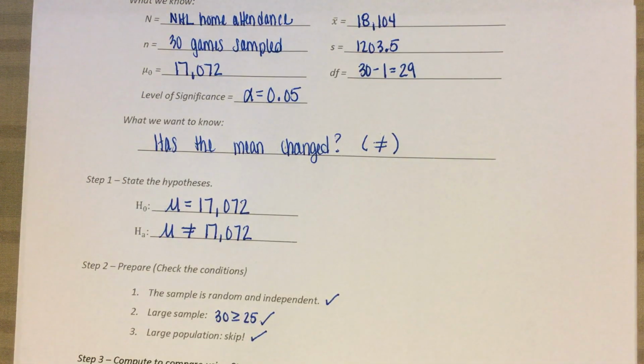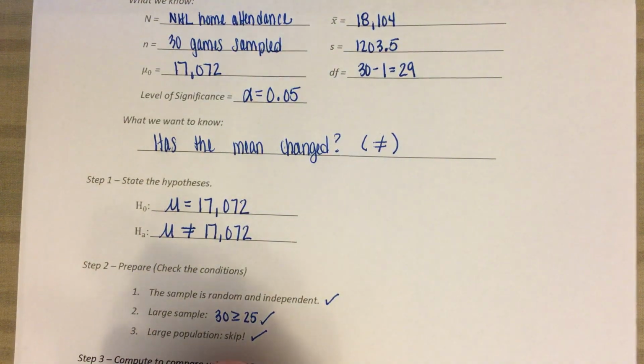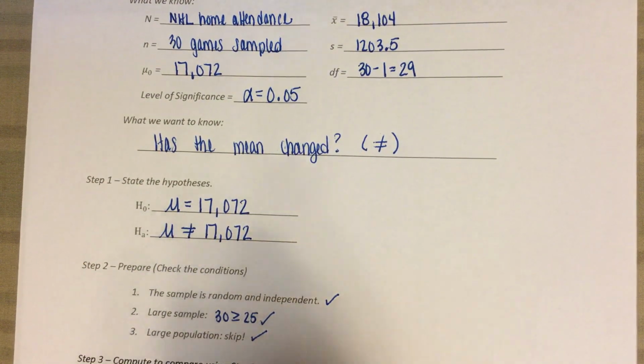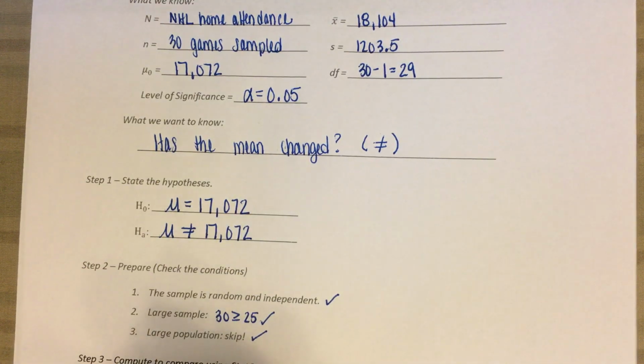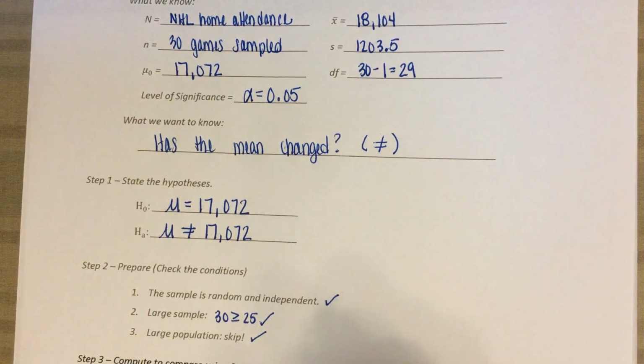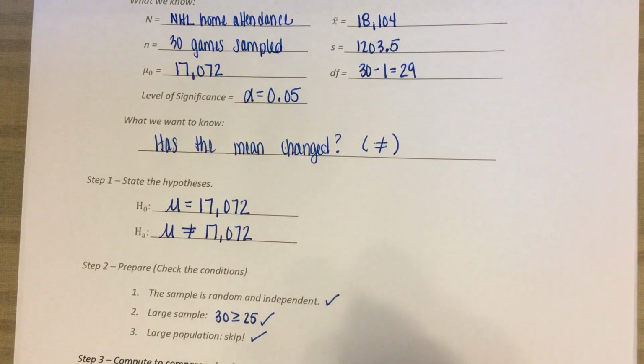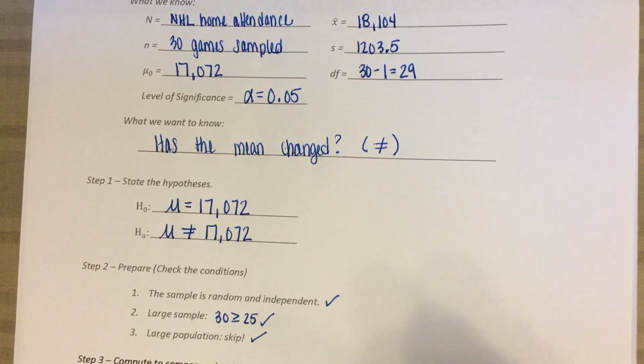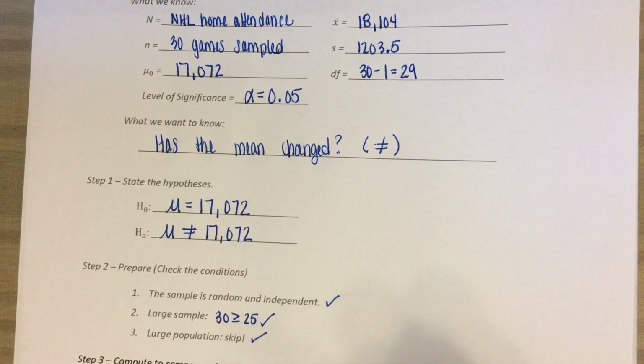All right, our t that we get is 4.70. Our p-value is less than 0.0001. So p is less than 0.01. That's clearly less than alpha.